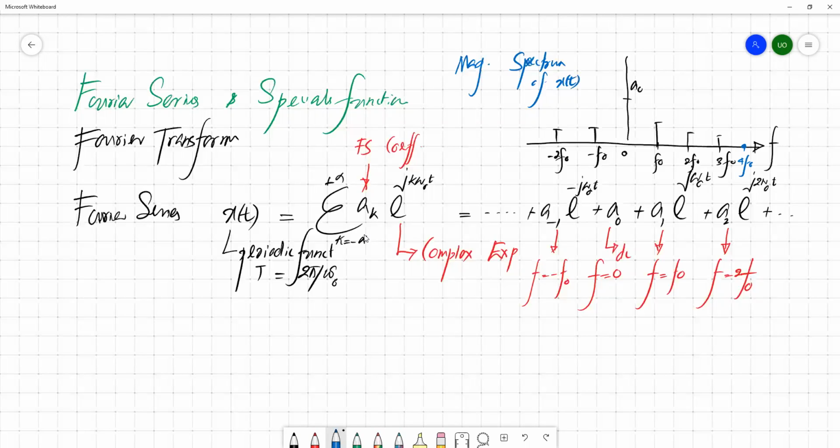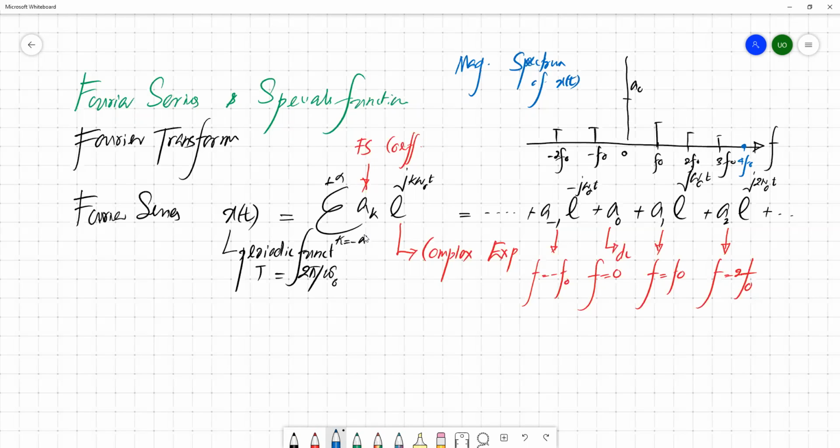Likewise, depending on the magnitudes of these individual Fourier series coefficients, we get a hint about the frequency distribution of x(t). What frequency components impact x(t), or generate x(t)?